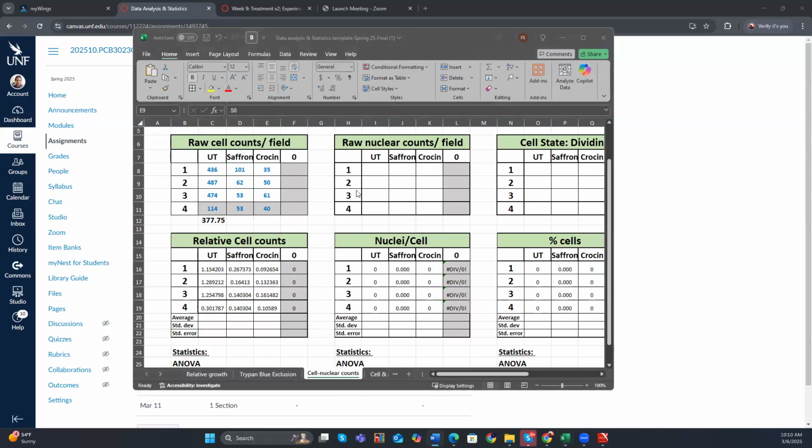And then you're gonna do the number of nuclei the same way. You just do not do anything to the bottom. Keep it the way it is. Do not change this formula. It already has a formula. We'll talk about the significance of this formula later. Only put in your raw numbers, okay?